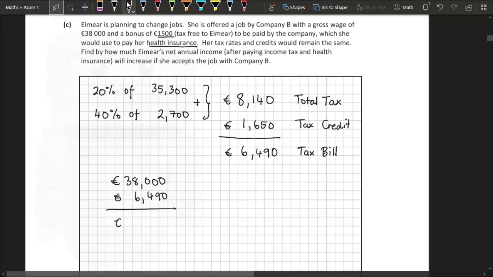So that means the total amount of money she's coming out with at the end is 31,510. Her final pay was actually 31,210. So what you'd say then is, therefore, there is a 300 euro increase in her pay. So this will be a good move, even though she is making less money.